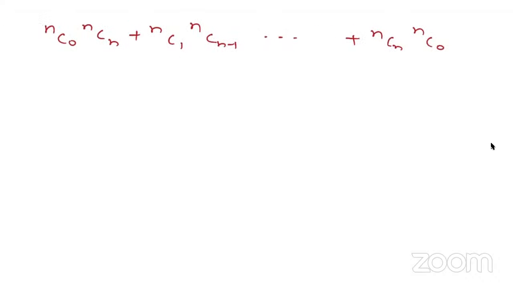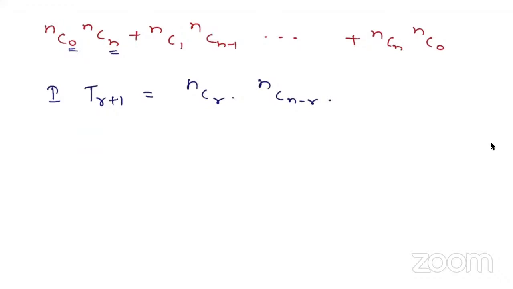So step first, always you have to write down either Tr term or Tr plus 1 term. We know that if the series is starting from 0, it's better to write down the Tr plus 1 term. This will be nCr into nC(n minus r), right? This is writing down the first term.